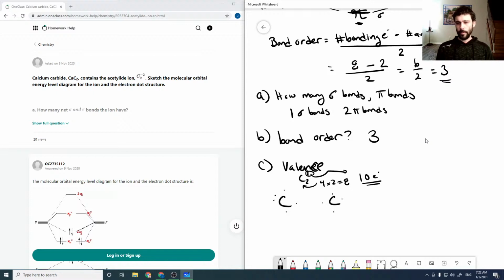We add a couple more, and then these 3 can give us our triple bond. So we would have a triple bond. In both cases, we get a triple bond on our carbon, which corresponds to our bond order of 3. So valence bond theory and MO theory agree in this case.